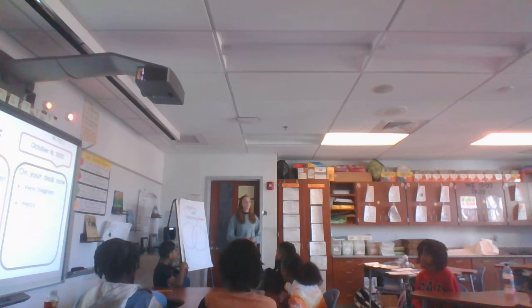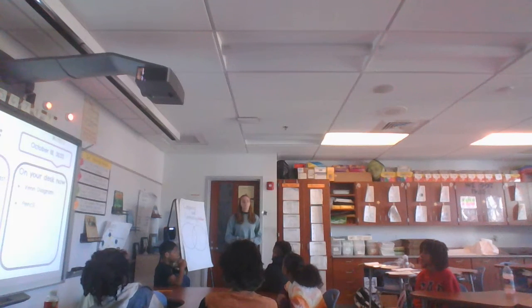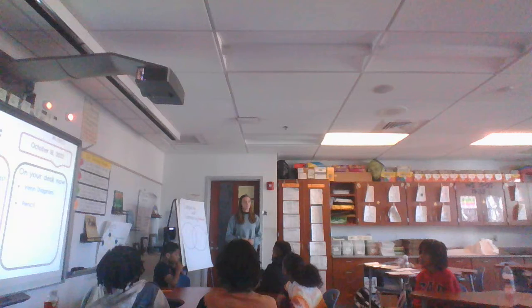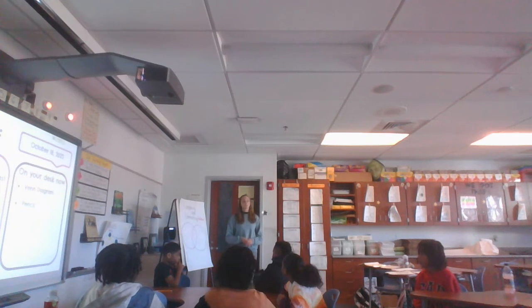Another word for differences is contrast. We're going to be finding the contrast of these two characters. The other thing we're going to be doing is finding the similarities, the similar things between these two characters. Another word for similarity is comparing.